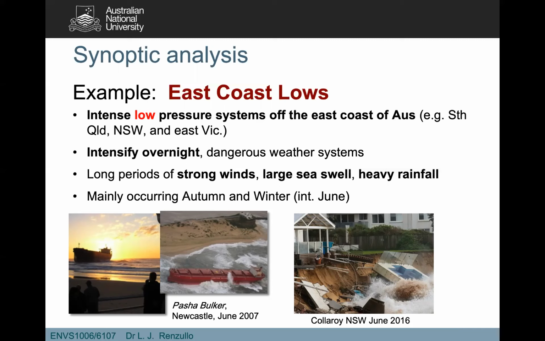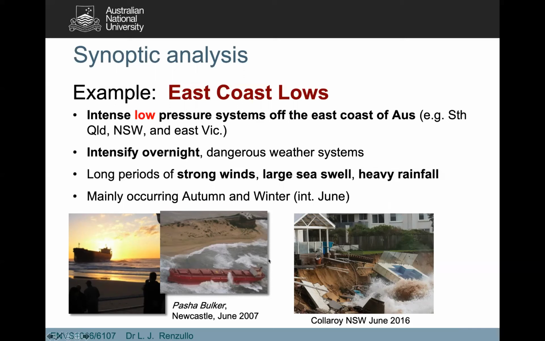It's one of those features of Australian weather that can intensify overnight and lead to some catastrophic outcomes. It's characterised by strong winds, large ocean swells, and heavy rainfall. They occur mostly in autumn and winter, with greatest intensity around June. Here's a couple of examples of the consequences of an East Coast low.